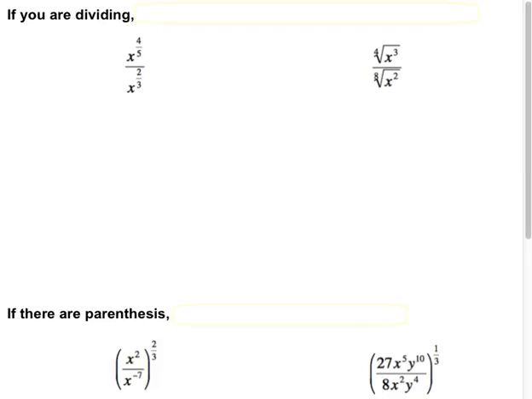So let's move on to dividing. Remember, when you're dividing, that means you're going to subtract your exponents. So in this next example, x to the 4/5 divided by x to the 2/3, remember that is a subtraction rule. Division turns into subtraction. And once again, feel free to go into your calculator.